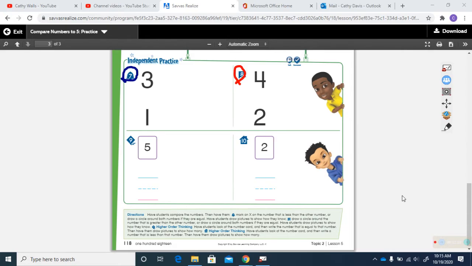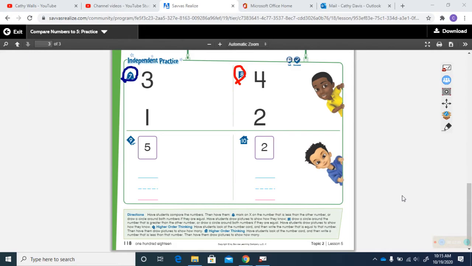Or if they're the same, if they're equal, you're going to draw a circle around both. So look at the 4 and the 2. Are they the same number? If both of them are the same, you're going to circle the whole thing because they're equal. If they're different, then you have to figure out which one is bigger, which one is greater than.